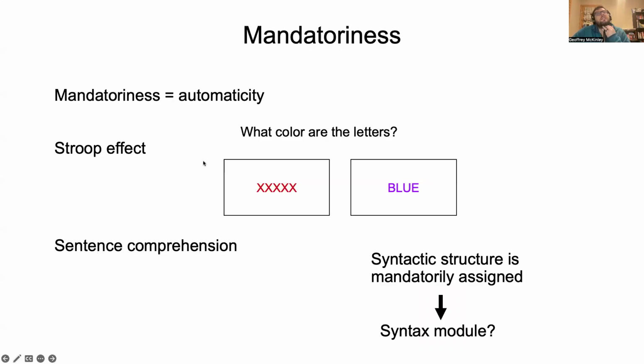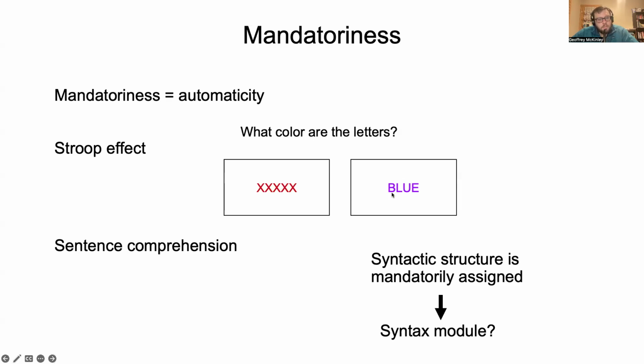And one thing that demonstrates mandatoriness is the Stroop effect. I should have animated this, but the Stroop effect is like, what color are these letters? Most people can say red pretty quickly. But if I were to show you the word blue in purple letters, and your task was to say the color of the ink of the word, people would have difficulty doing this task.